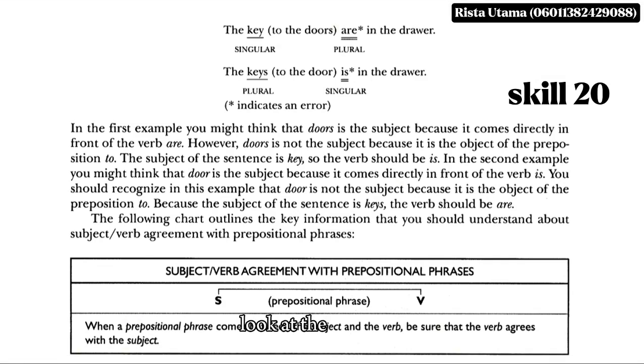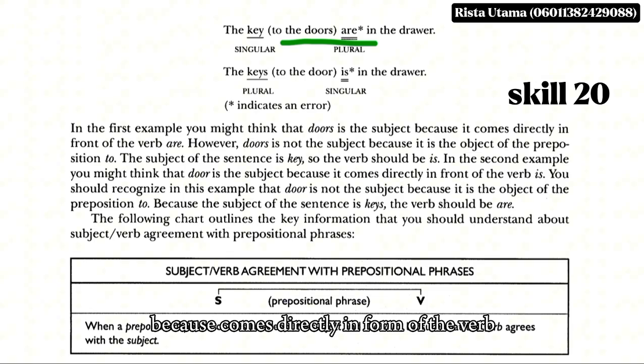Look at the first example. You might think that "door" is the subject because it comes directly in front of the verb "are." However, "door" is not the subject because it is the object of the preposition "to." The subject of the sentence is "key," so the verb should be "is."